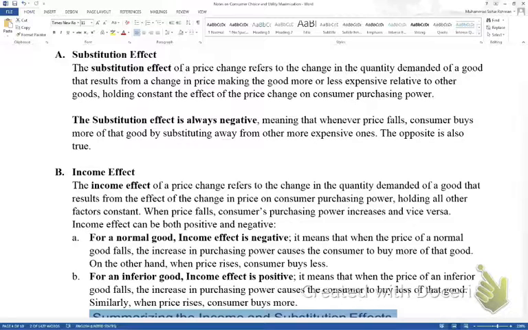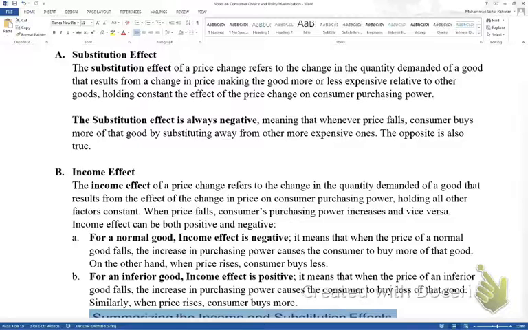The response to price changes according to the substitution effect is always negative. What does that mean? It means that whenever the price of a good falls, the substitution effect tells you that you should buy more of that good. Why? Because whenever one good is cheaper than another good, you should buy more of the cheaper good and less of the more expensive good.